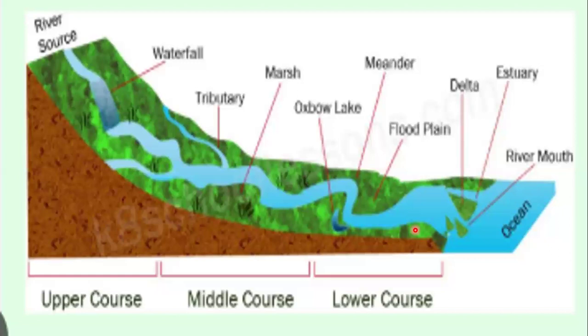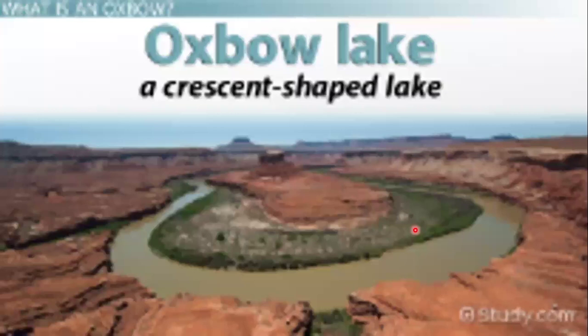Many large tributaries have joined the main river by now, and there is no down cutting of the riverbed. There are only depositional features which are formed by the river.